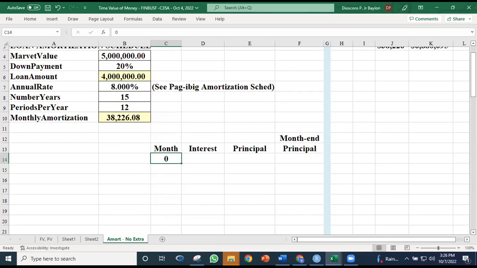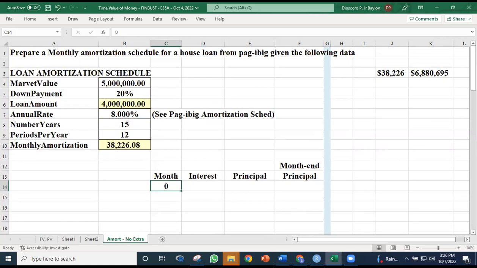Now there are several ways to do this, a long way and the short way. I think I taught you already the shorter way. So how do we do a short way to list from 0 up to 180? You may wish to do 1, 2, establish a pattern, highlight those cells and then drag down.